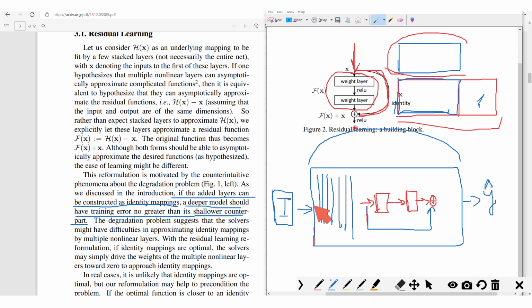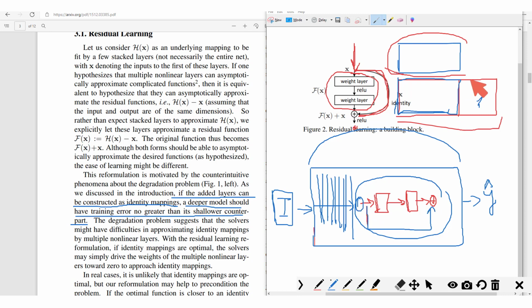So if after passing through say 20 layers, where each one of these is a single layer, we get to this point where the values are almost zero, such that when this information passes it's practically zero, then there is this path which at least restores this exact same input we have here.